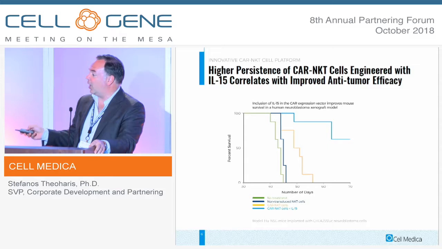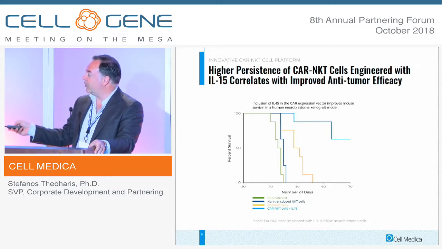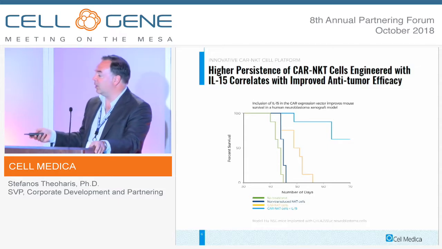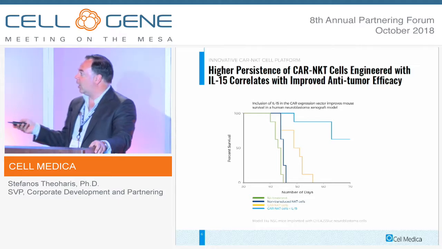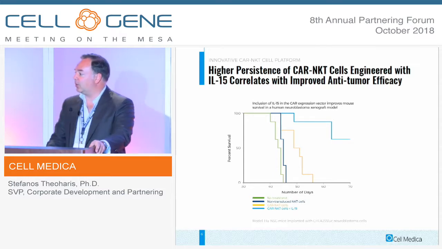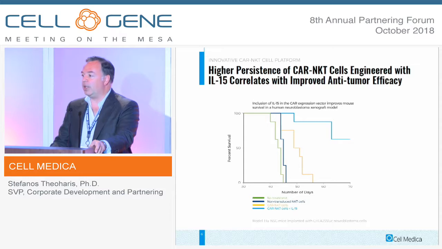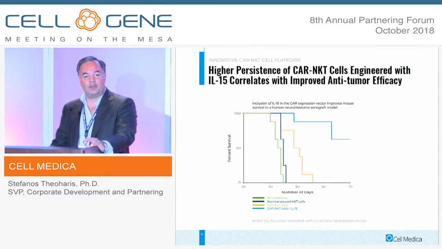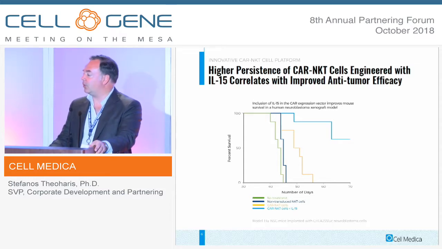With the CAR alone, you're getting obviously a significant improvement in survival of these animals, but the addition of IL-15 makes a huge difference in terms of survival. Based on this early data that was generated at Baylor a few years ago, we made the decision that the platform does have to have IL-15 in it in order to achieve the maximum possible efficacy.